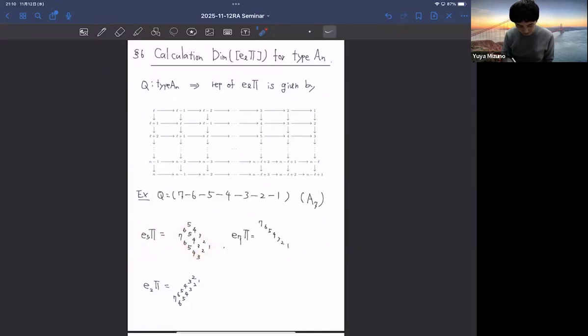And for example, the indecomposable projective associated with 7 is this shape, and 2 is this shape. So always such a square shape. And because of this nice shape, we can calculate all submodules and also their dimensions.